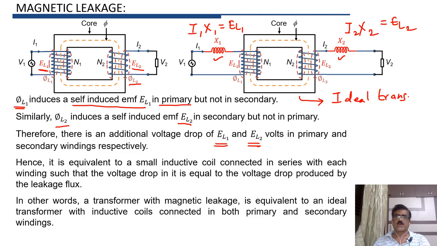So, in order to consider the effect of leakage flux, what we have to do? We have to connect external reactances X1 and X2 in series with primary and secondary windings respectively.